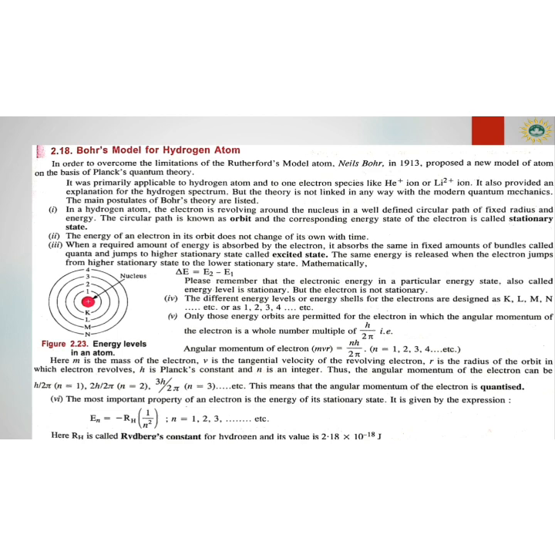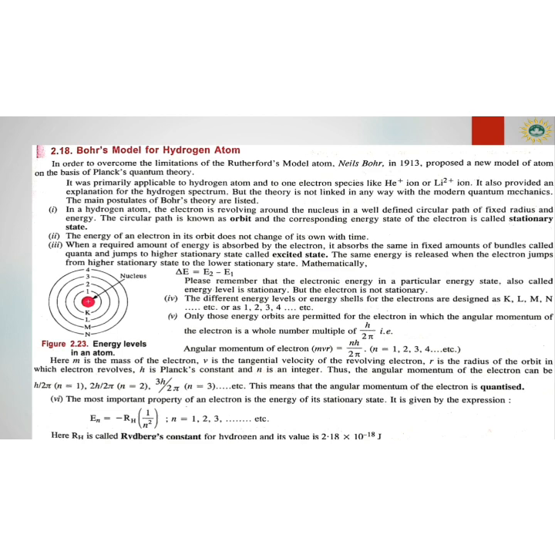So we know about the Bohr theory that energy of an electron does not change by its own with time. Only whenever electron jumps from higher to lower orbit, then energy will be emitted, and when lower orbit to higher orbit, energy will be absorbed. Now, Bohr's atom energy is actually quantized. The different energy levels, energy shells of electrons, are designated as K, L, M, N, that is 1, 2, 3, 4.